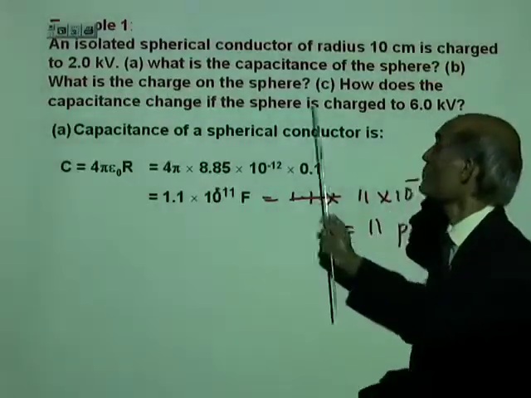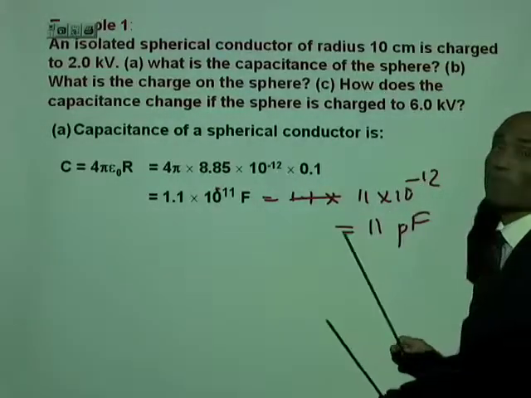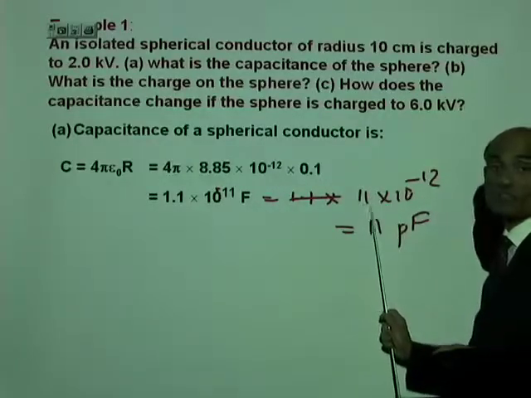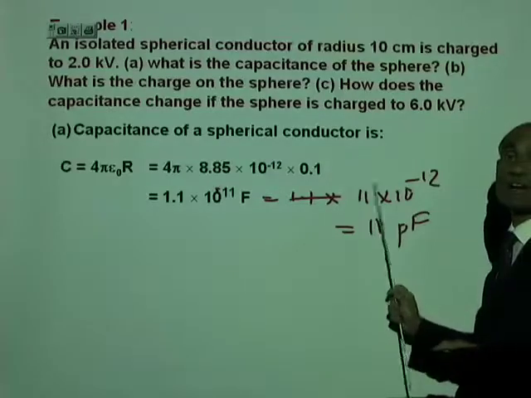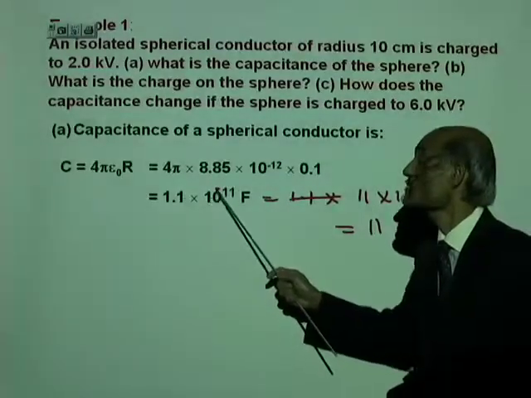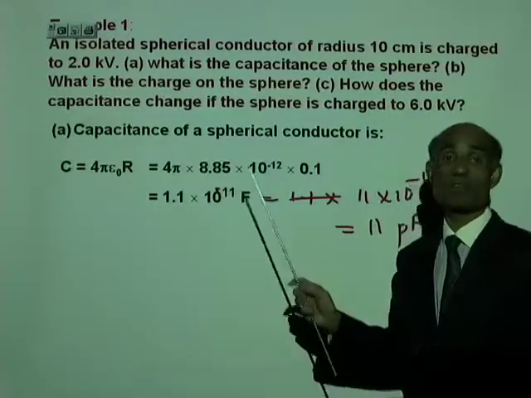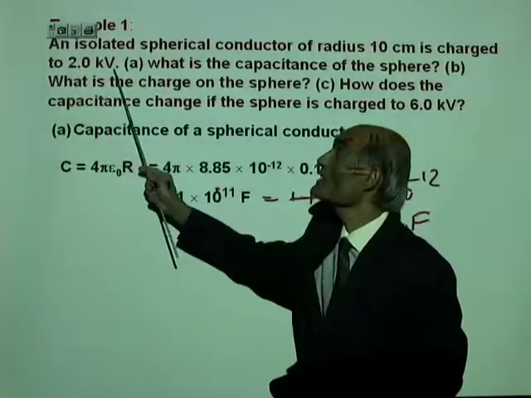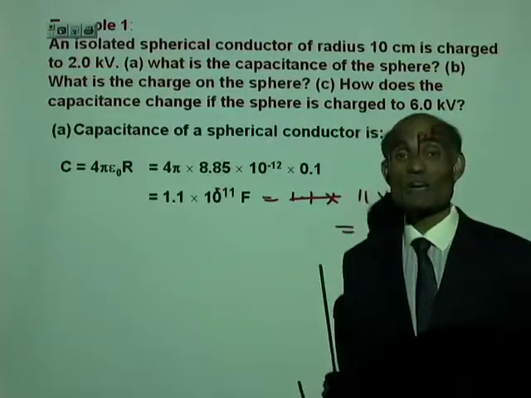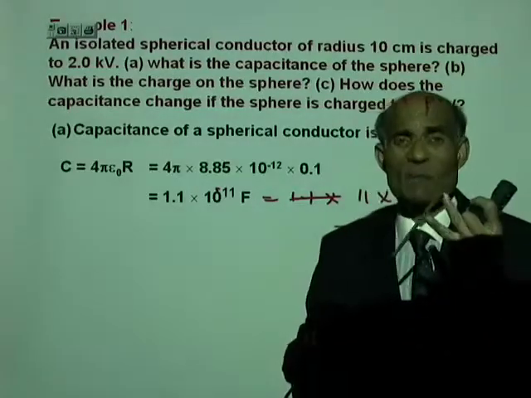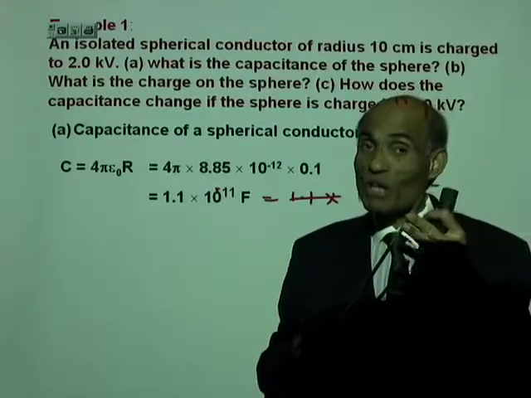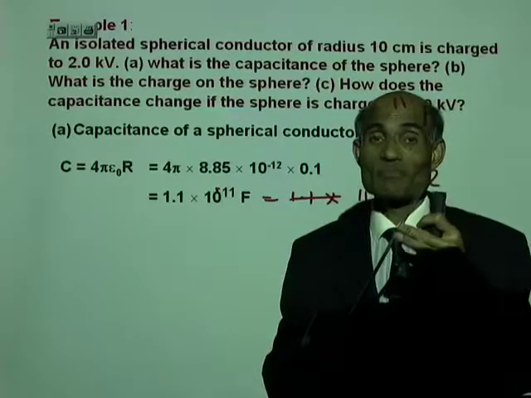What is the charge on the capacitor? Well, we know its capacitance. Its capacitance is 11 times 10 to the negative 12, or 1.1 times 10 to the negative 11 farad, and its potential is 2 kilovolt. Now, do you know a relation that exists between capacitance, potential, and the amount of charge?